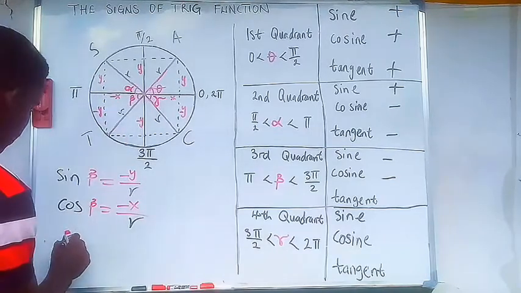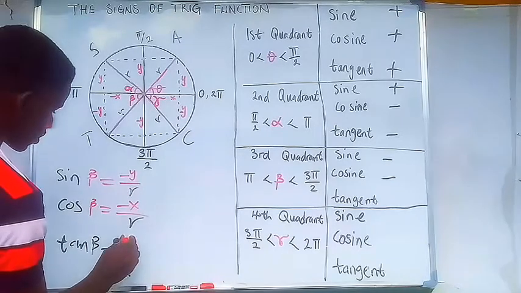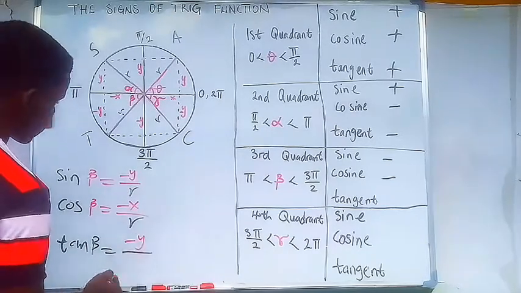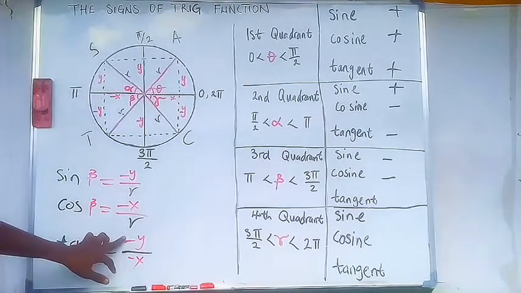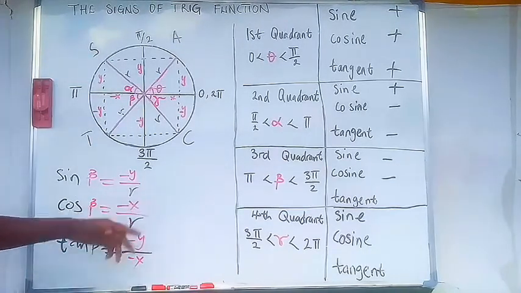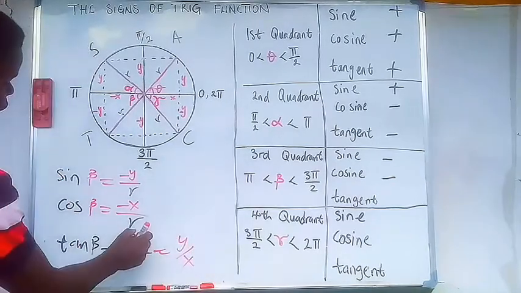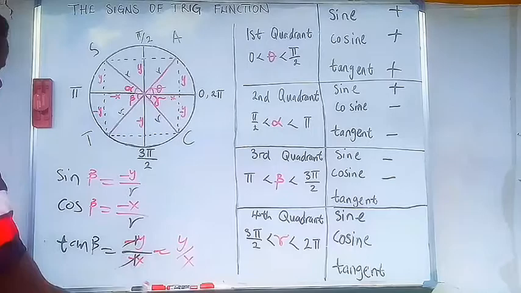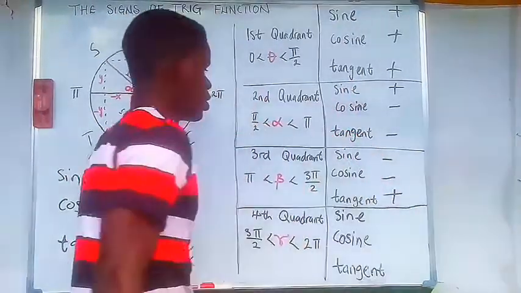So tangent of that angle beta is opposite, which is negative y, divided by adjacent, which is negative x. The numerator is negative, the denominator is negative, therefore the result will be y over x, where negative 1 cancels out with negative 1. We have only positive y and x, therefore tangent at that point is positive.